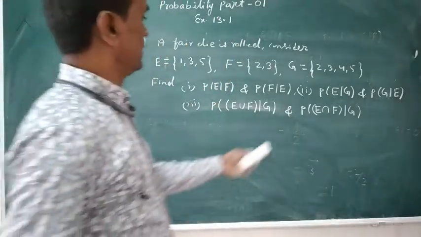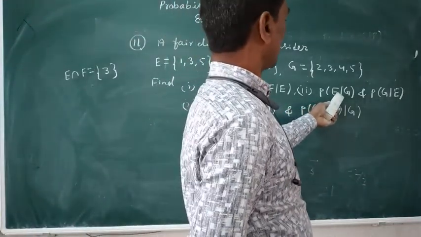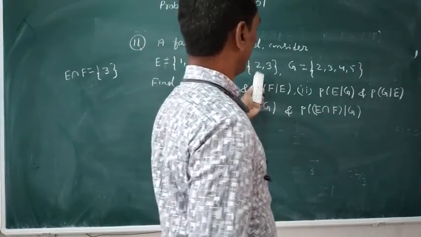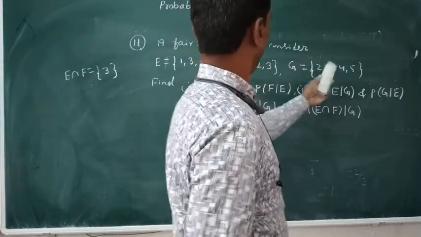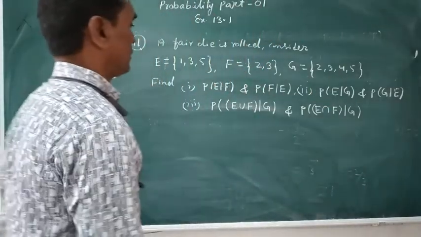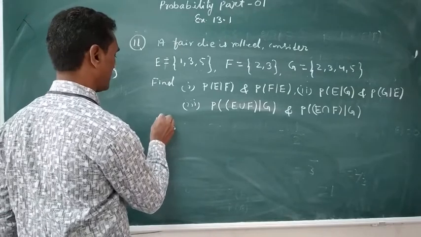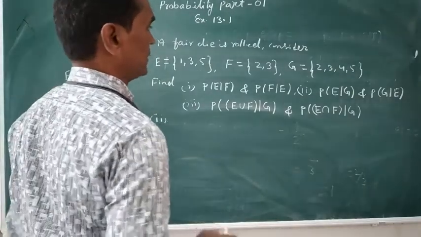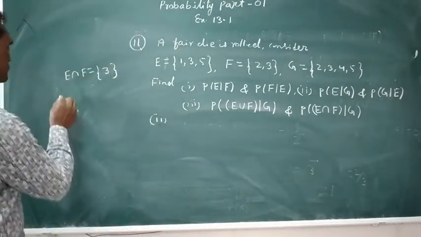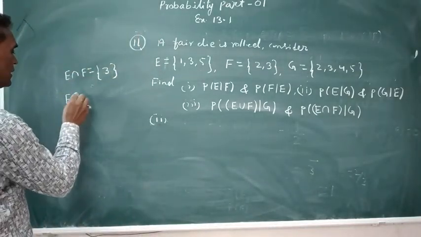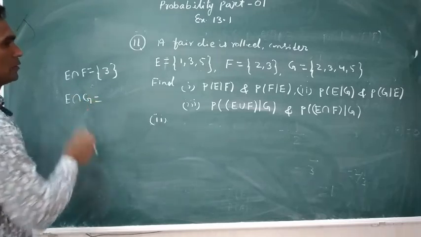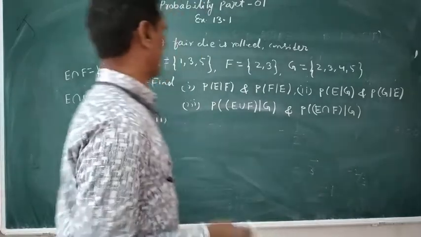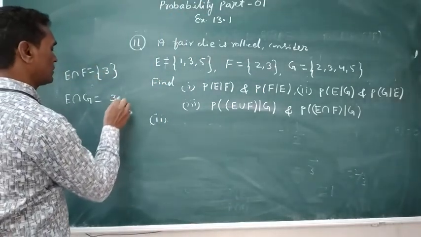In a similar way, we can solve the second question also by taking these two events E and G. So for the second part we have to find the intersection of E and G. So E intersection G: E is 1, 3, 5, so 3 and 5, 2 elements are common.